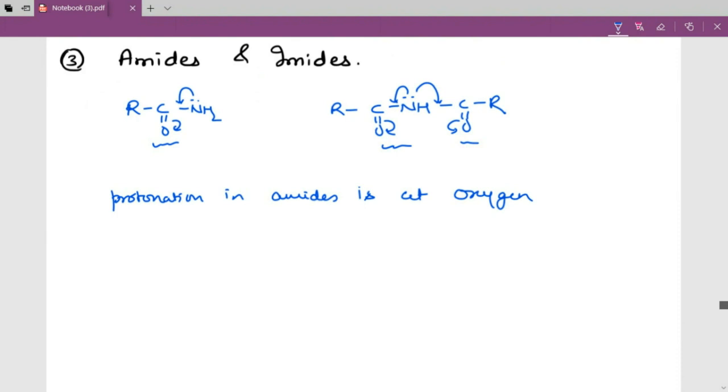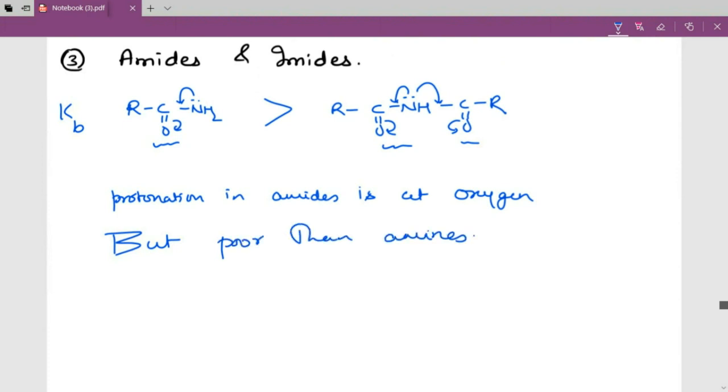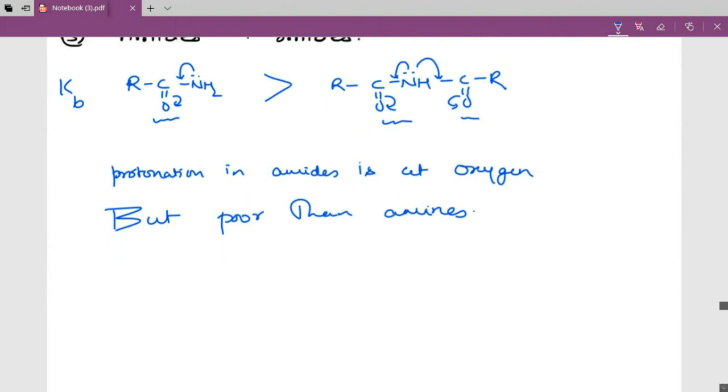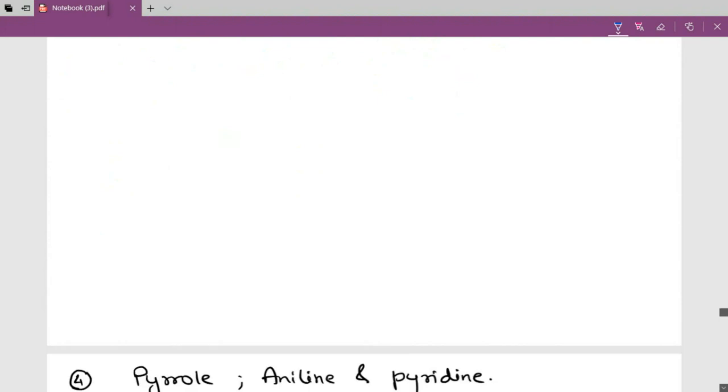So here this entire lone pair is coming to this oxygen. Here it is distributed to 2. Certainly, which is going to be a stronger base? Amides. Okay, but still poorer than amines, because there is no delocalization of lone pair as such in amines compared to amides.